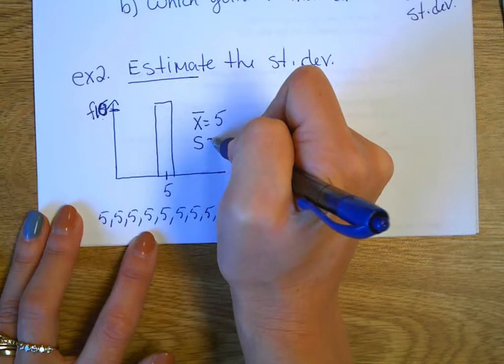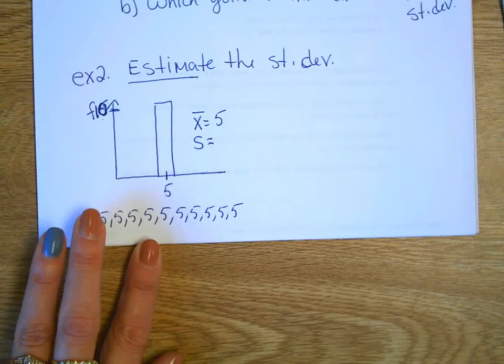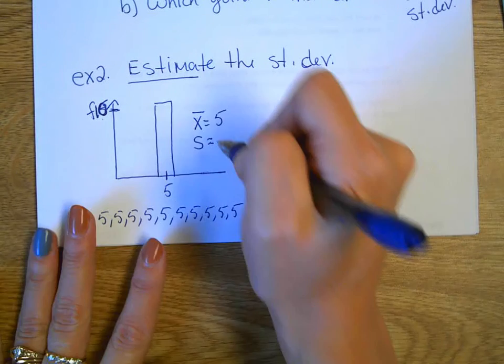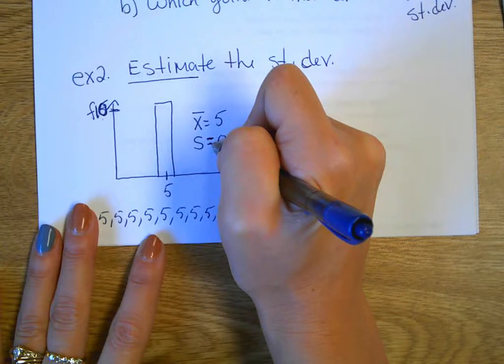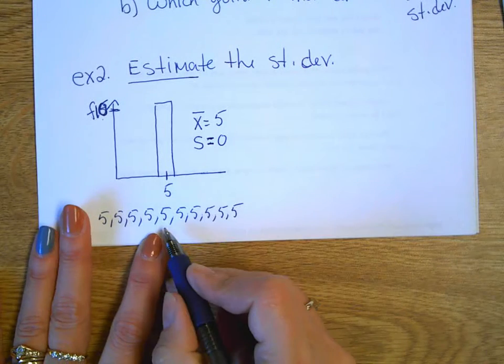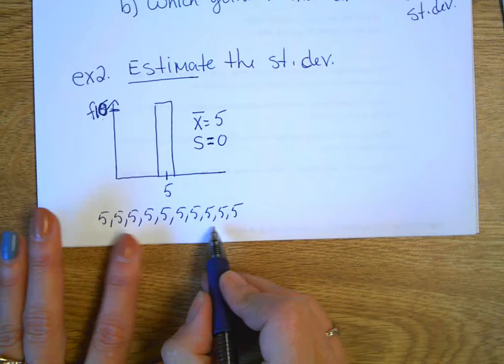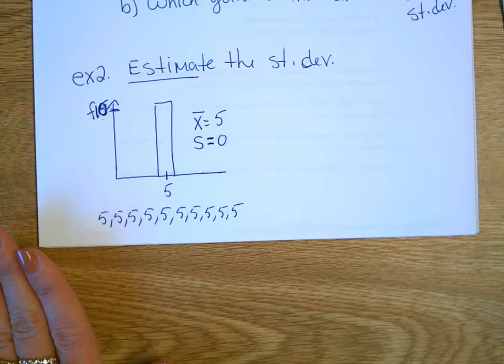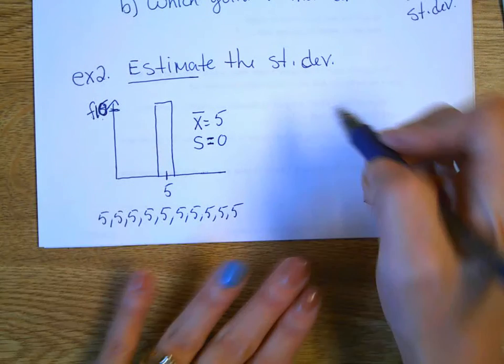Knowing that the standard deviation is how far away my values are from the mean, the standard deviation here would be 0. Not approximately, it would actually equal 0. Do any of them have any distance away from the mean? No, standard deviation is 0. They're all the same number. Okay, so far so good?